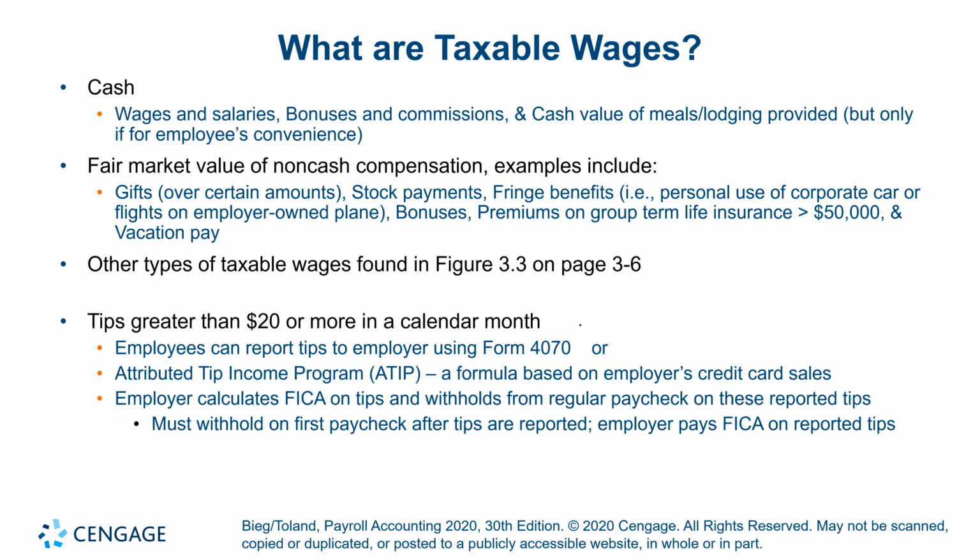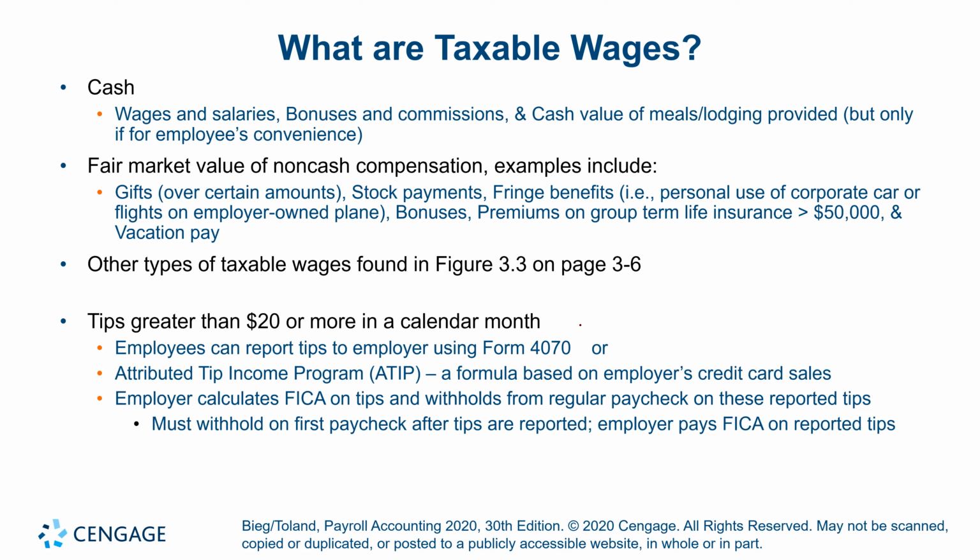All right, so what are taxable wages? This is like learning objective 2. It kind of starts toward the bottom of page 5, chapter 3. So taxable wages include cash, wages and salaries, bonuses and commissions, and the cash value of meals and lodging provided, but only if for the employee's convenience.